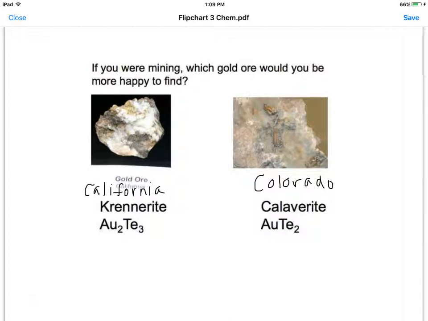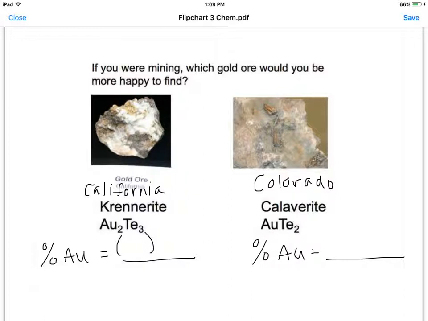Turn to your partner next to you, and one person find the percent of gold in krennerite, and the other person find the percent of gold in calaverite. You're going to look for the mass of gold from the periodic table times the number of atoms of gold over the mass of the entire compound times 100.